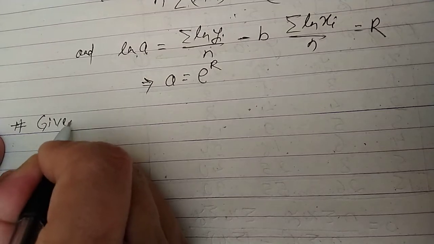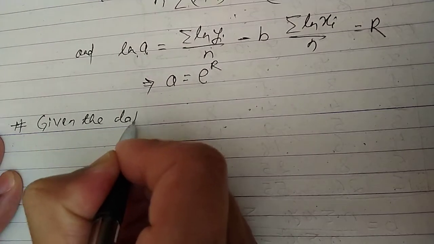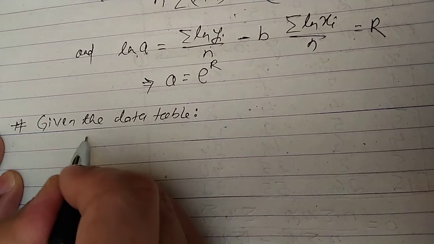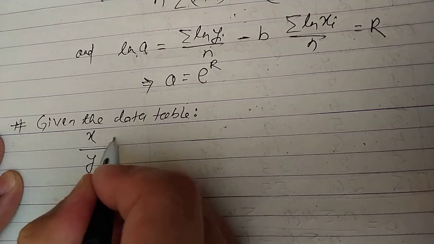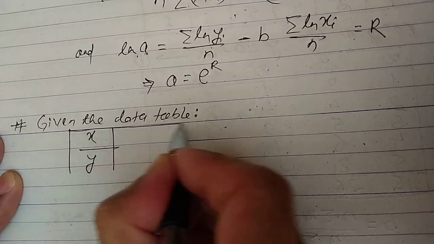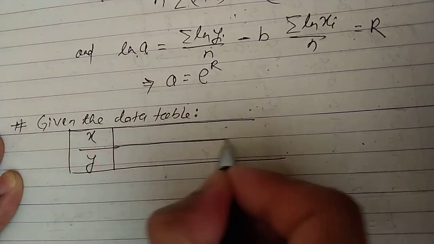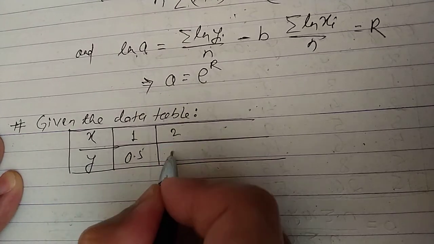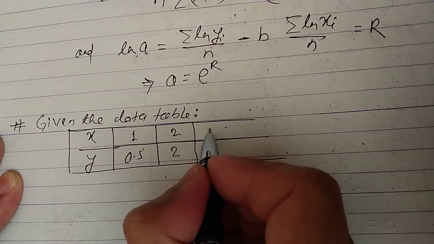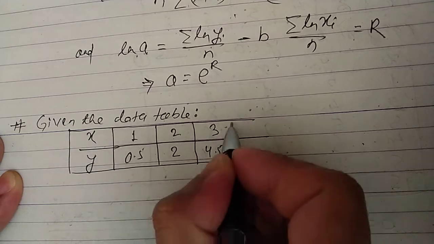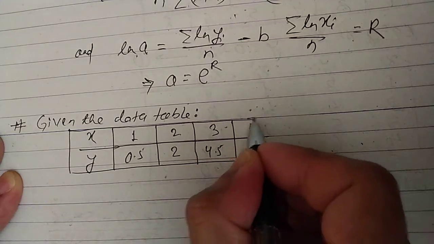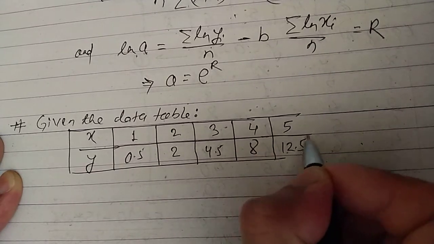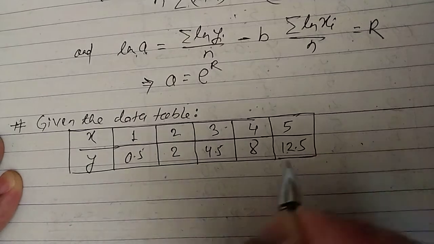Given the data table x and y, at 1 you are given 0.5, at 2 you are given 2, at 3 you are given 4.5, at 4 8, and at 5 12.5. All right, this is the table given.